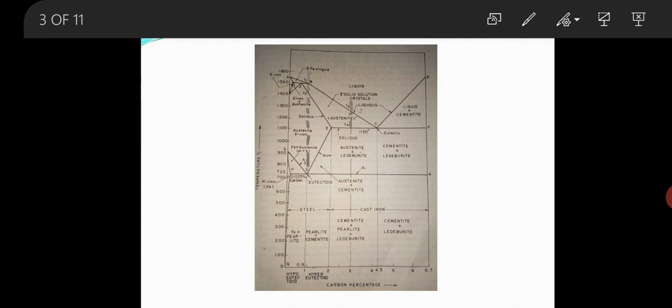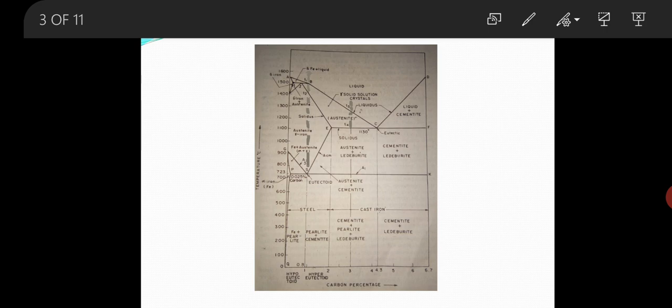Above A, B, C, D, the alloy is in the liquid phase. Whatever the percentage of carbon, above this line, the alloy is in liquid form.